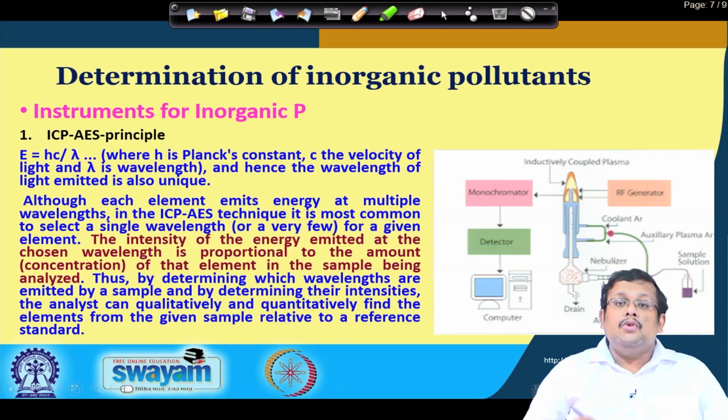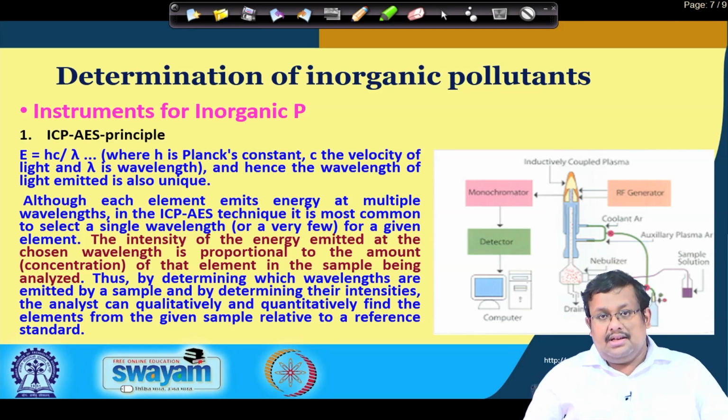We all know this equation, E equal to hc by lambda, where h is the Planck's constant, c is the velocity of light and lambda is the wavelength. So, the wavelength of light emitted is also unique, and this is the principle of working for ICP-AES.